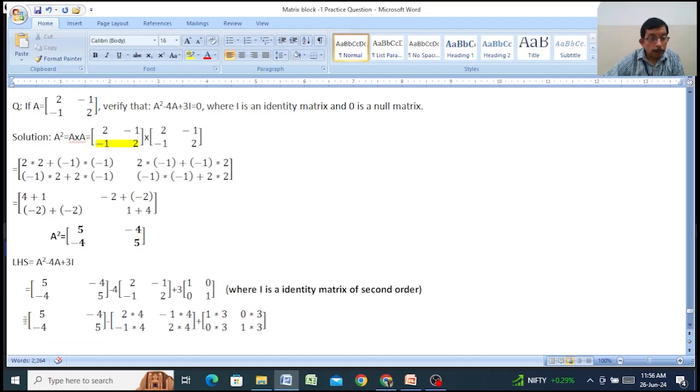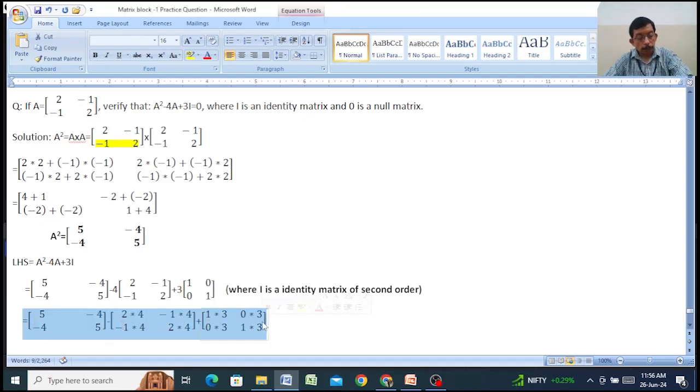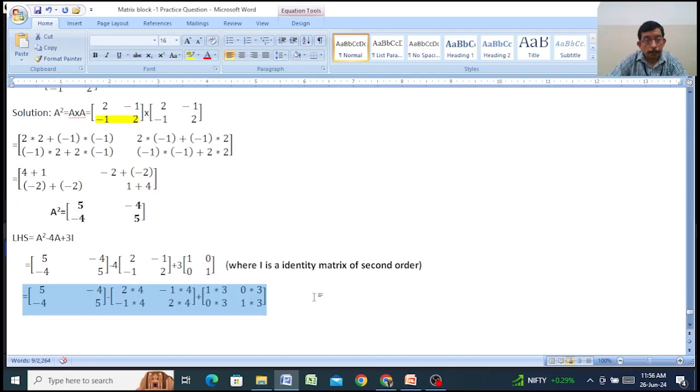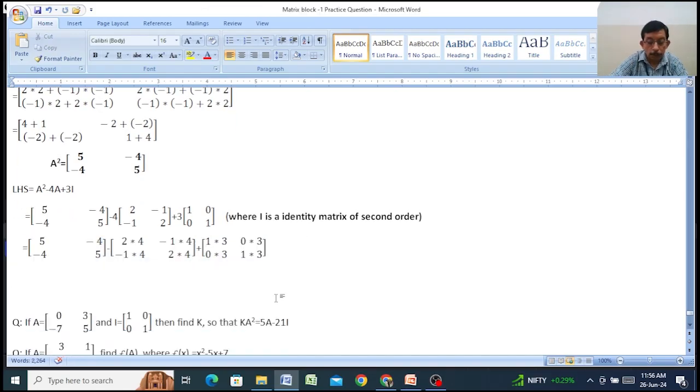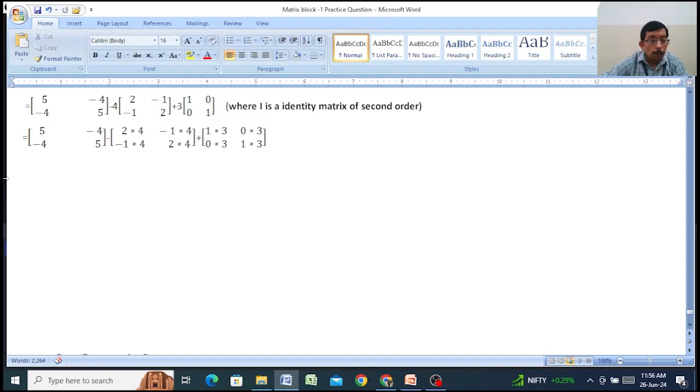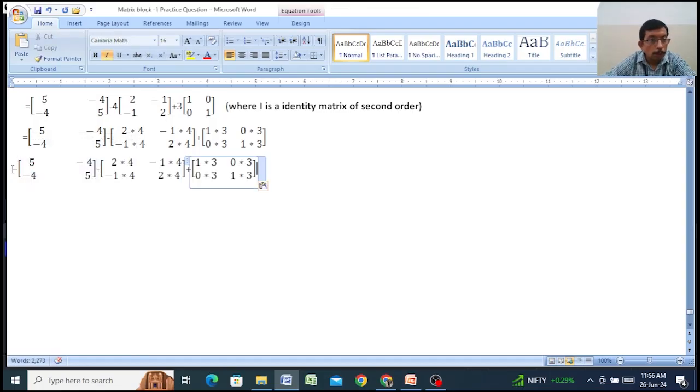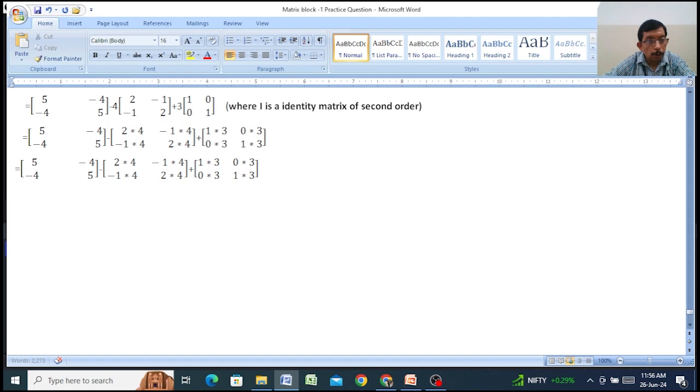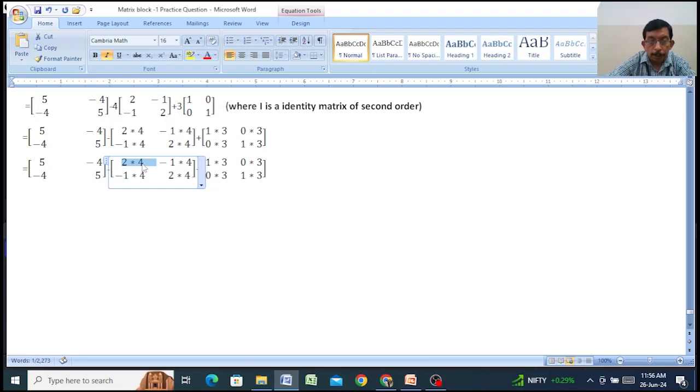Simplify in the next step. 2 into 4, 8. Note down 8 in the same position. -1 into 4, minus 4, note down in the same position. -1 into 4, minus 4, note down in the same position. 2 into 4, 8.